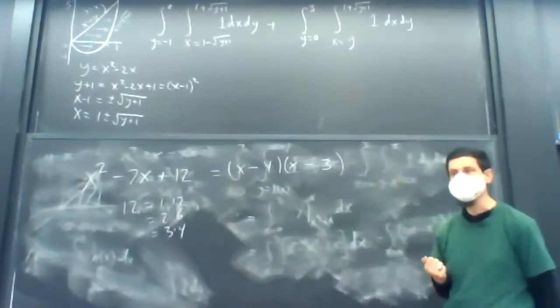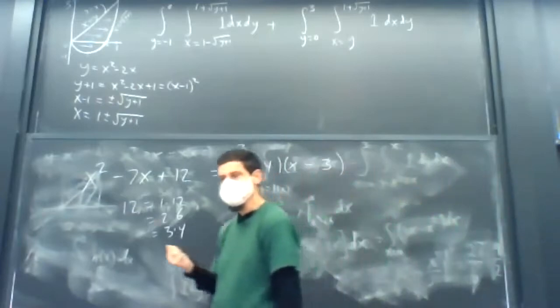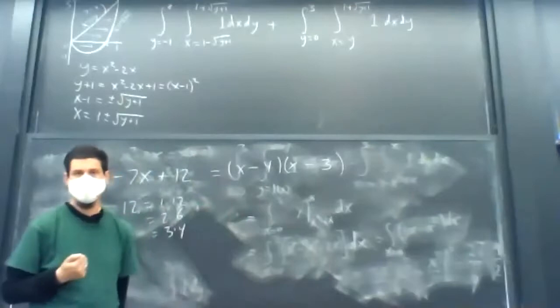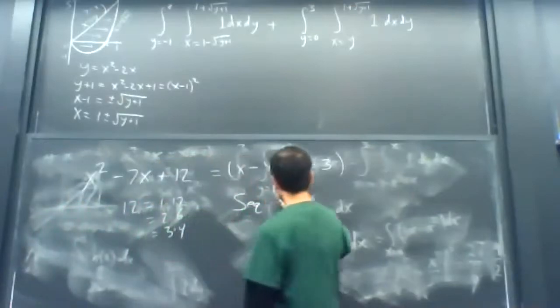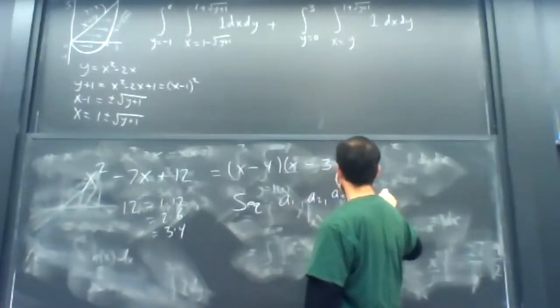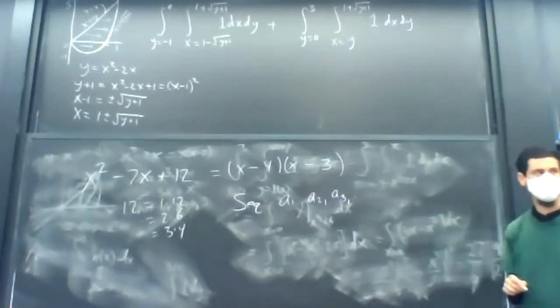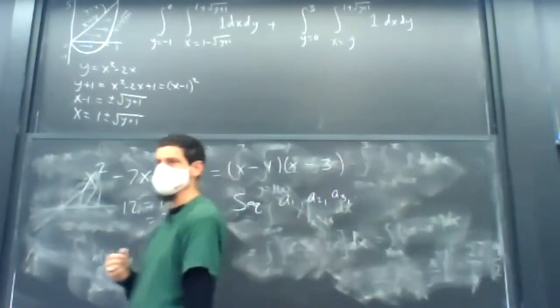When we're doing sequences and series, the first question you always ask about a sequence or a series is, does it converge? And so a sequence will be A1, A2, A3, and so on. These will be the terms in the sequence. Sometimes we start at A0, sometimes we don't, doesn't really matter.